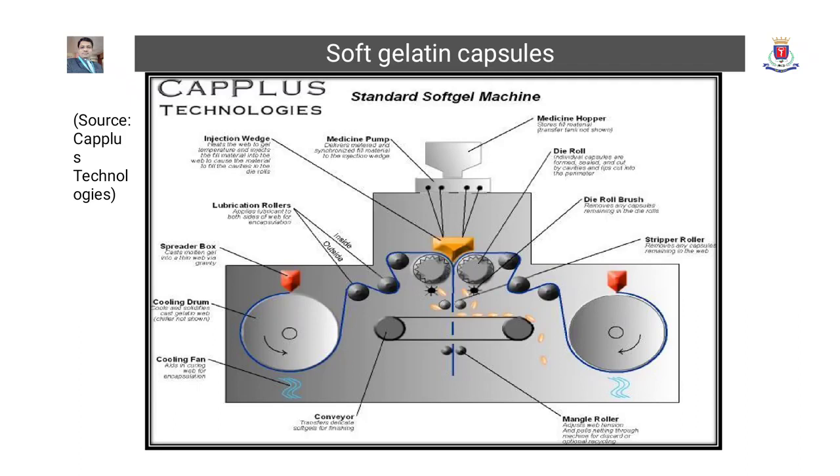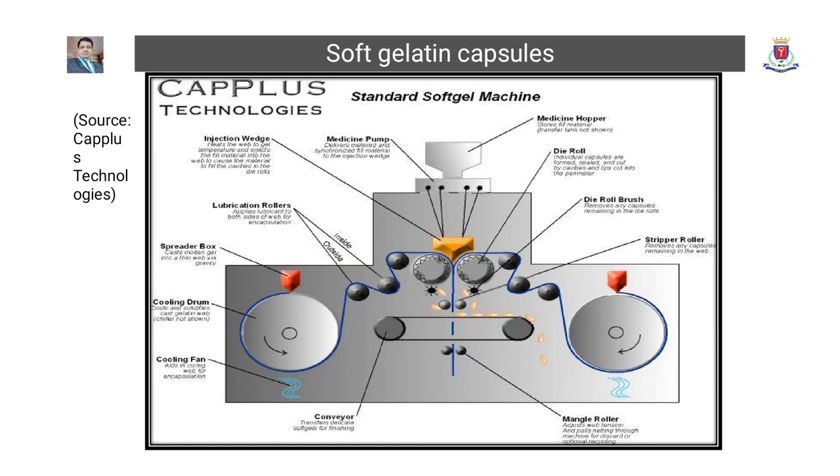The bottom of the wedge contains small orifices lined up with the die pockets of the die rolls. The capsule is about half sealed when the pressure of the pumped material forces the gelatin into the die pockets, where the capsules are simultaneously filled, shaped, hermetically sealed, and cut from the gelatin ribbon.